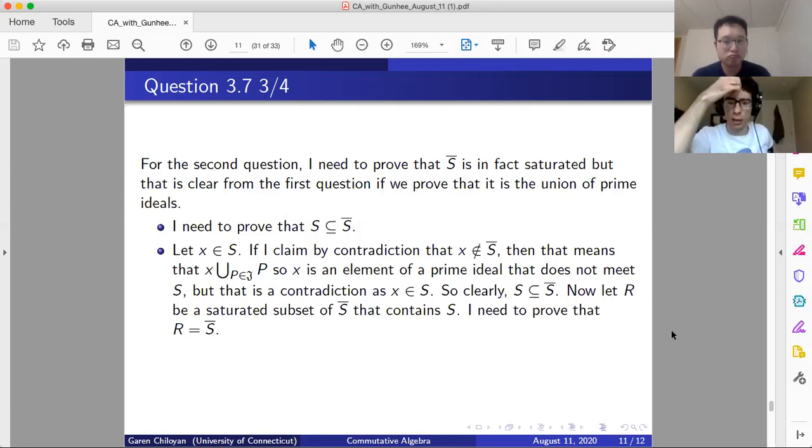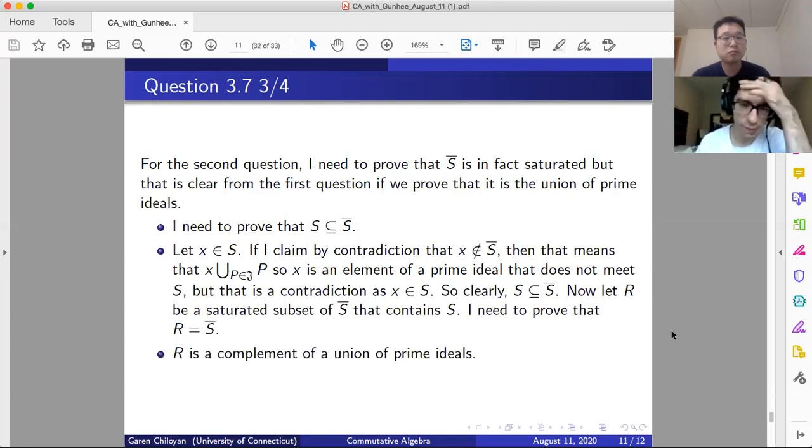It's not that hard. So let R be a saturated subset of S bar that contains S. I need to prove they're equal. I need to prove S bar is the smallest saturated set that contains S. So first of all, R, like S bar, is a complement of a union of prime ideals.